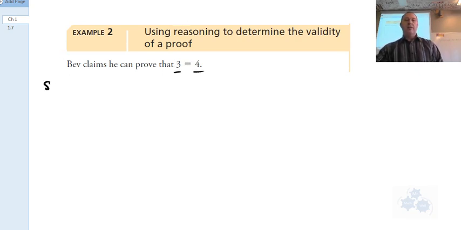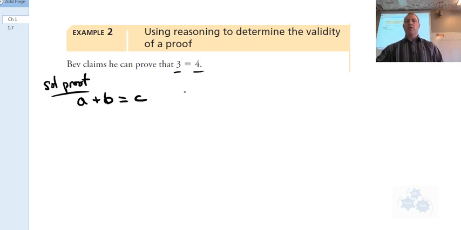So he starts off by saying this, the solution or the proof. A plus B equals C. That's the premise. We're going to start off with this, and we're going to use this fact to prove that 3 equals 4.